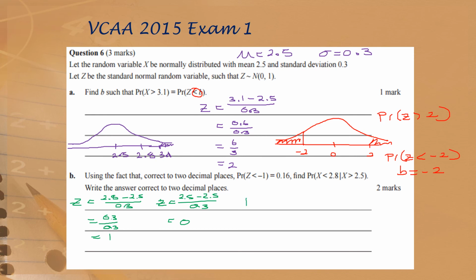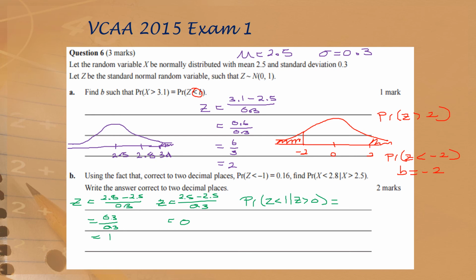If we're setting this up, we've got probability z is less than 1 given z is greater than 0. So conditional probability, in the numerator I want both of these to be true.